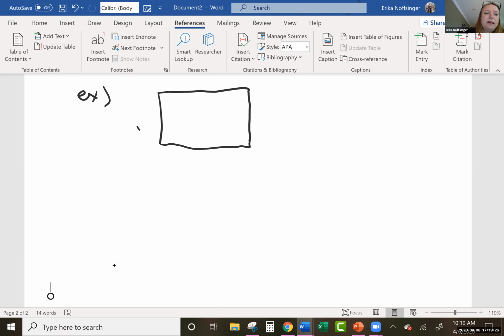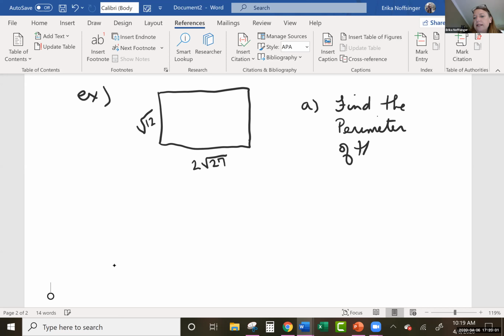Let's say one side is root 12 and let's say one side is 2 root 27. And it wanted you to find the perimeter of the rectangle.